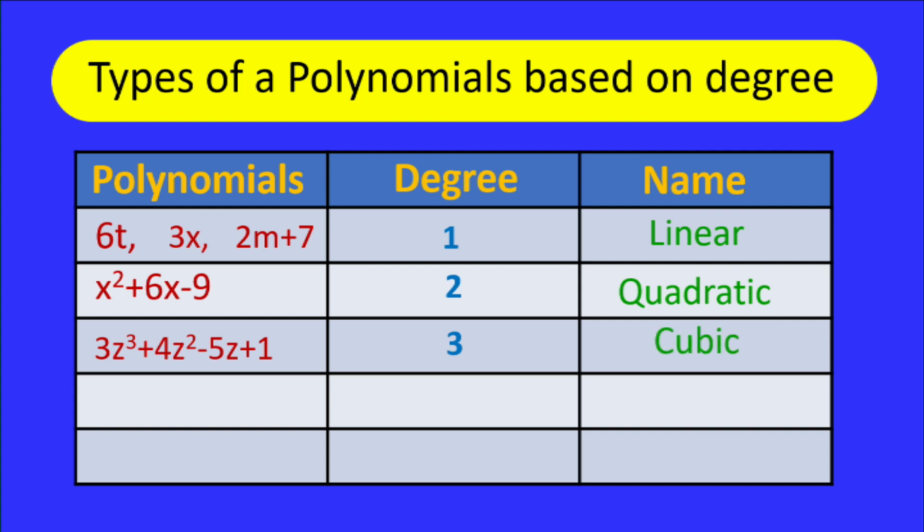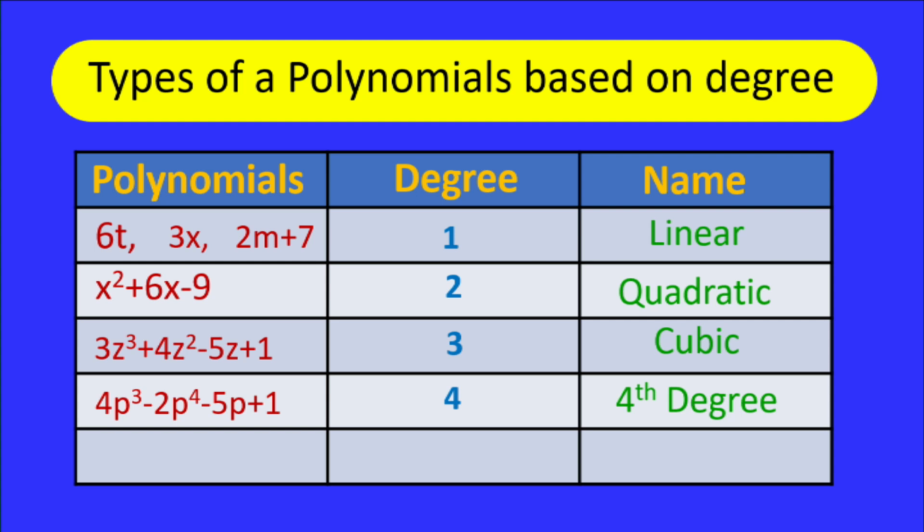Now it is called a cubic polynomial. Names of different polynomials. From now onwards, if it is fourth degree, there is no particular name, just simply fourth degree polynomial. So here one example is given, 4p cube minus 2p to the power of 4 minus 5p plus 1. Here the highest exponent of the variable is not in the first place.